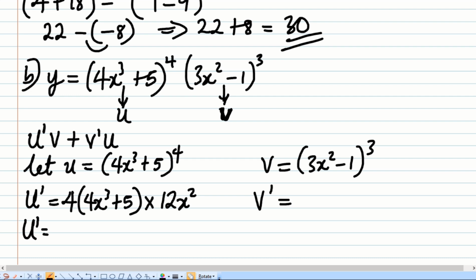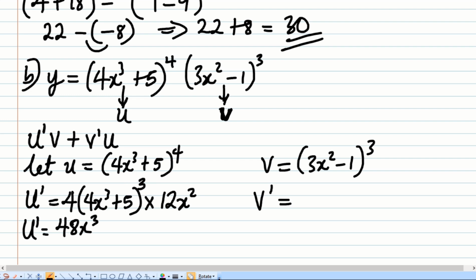Let me just write it well. 4 times 12 is 48s cubed. Now I forgot to put raised to power 3 here, because this is 4. If you bring the power down, remember you do the power minus 1, so the power minus 1 is going to give you this 3. Please don't forget to do that.